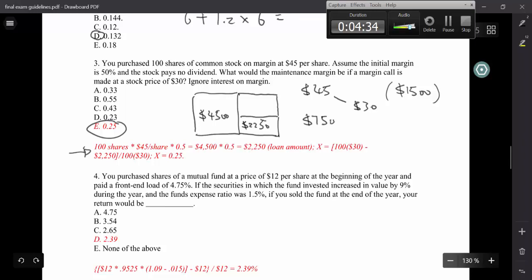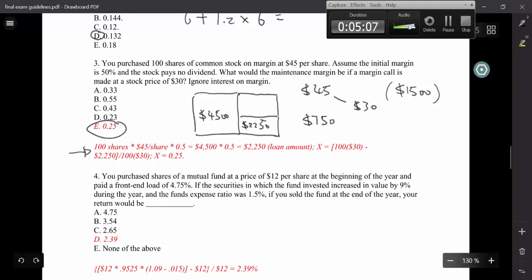This is sometimes called liquidation value, or mark to market, or sometimes your equity, although I try to avoid using the word equity because it's going to end up confusing you. Sometimes it's called liquidation value. But anyway, you've only got $750 left.